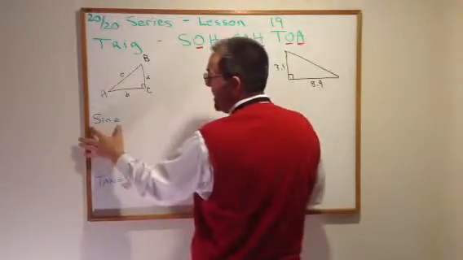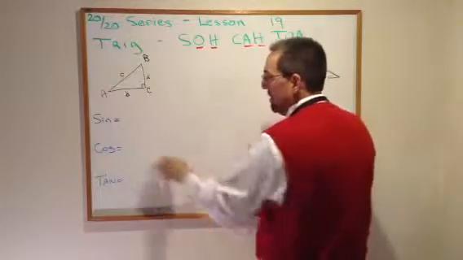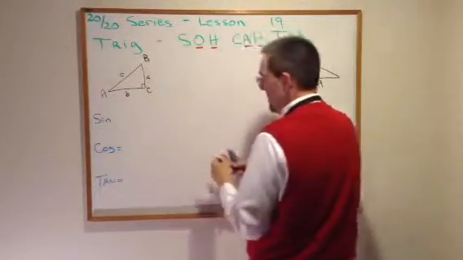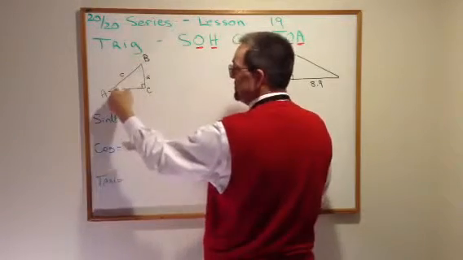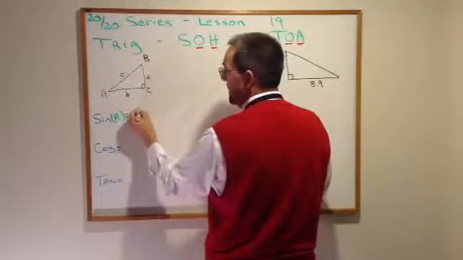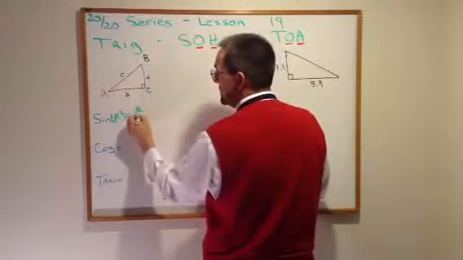So let's look at sine of A. Well, we're going to have to put an angle in there. Sine of angle A is equal to the opposite, little a, over the hypotenuse, little c.